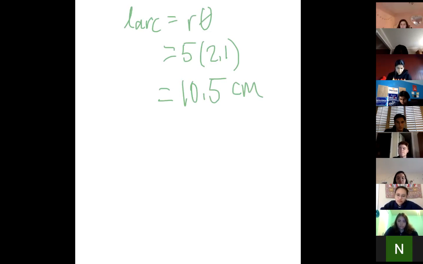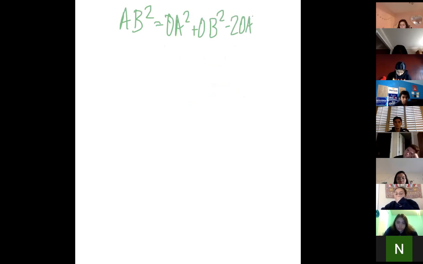In order to find the length of the chord, you use the cosine rule. So I have AB squared is equal to OA squared plus OB squared minus 2 OA times OB times cosine of our angle.